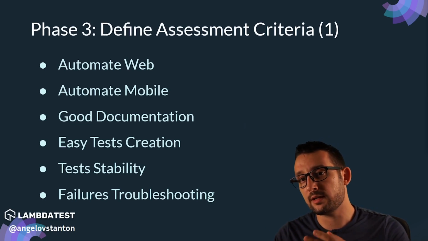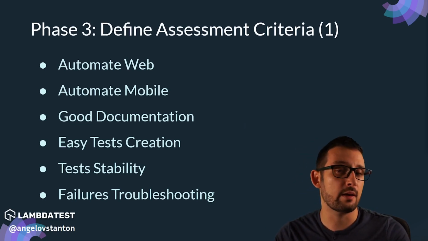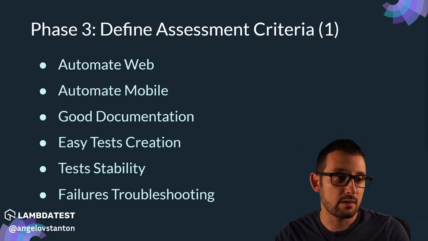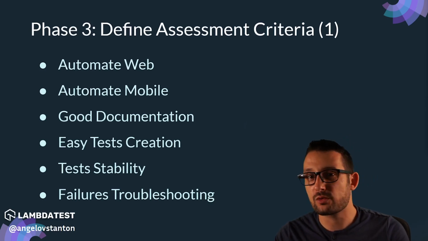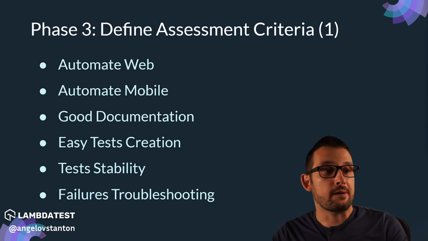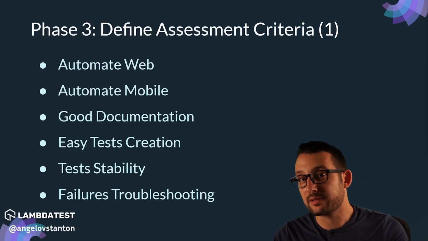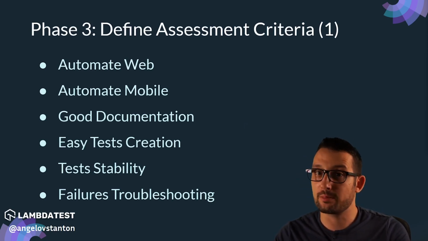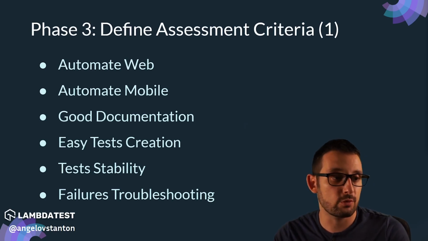For me, usually it's the solution to be a programmatic one, not to use some kind of no-code solution, right? But it will be up to you generally. So some of my assessment criteria are again to be able to automate web, maybe with WebDriver, but it might be Playwright if you choose.